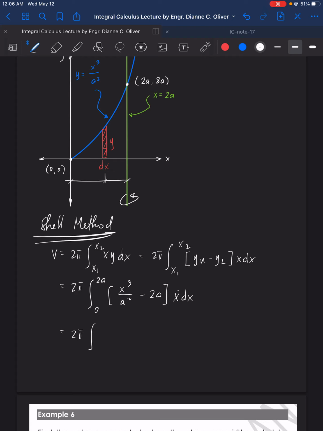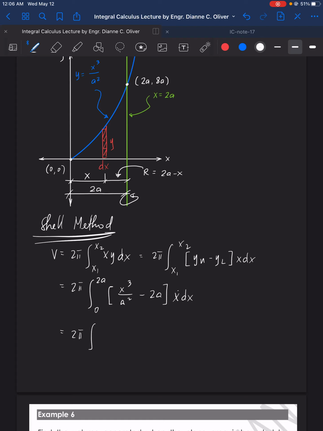So we have here as the x, this is the x here, from the origin to the area strip. If this is 2a, therefore, the radius, this portion here as the radius, is equal to 2a minus x.